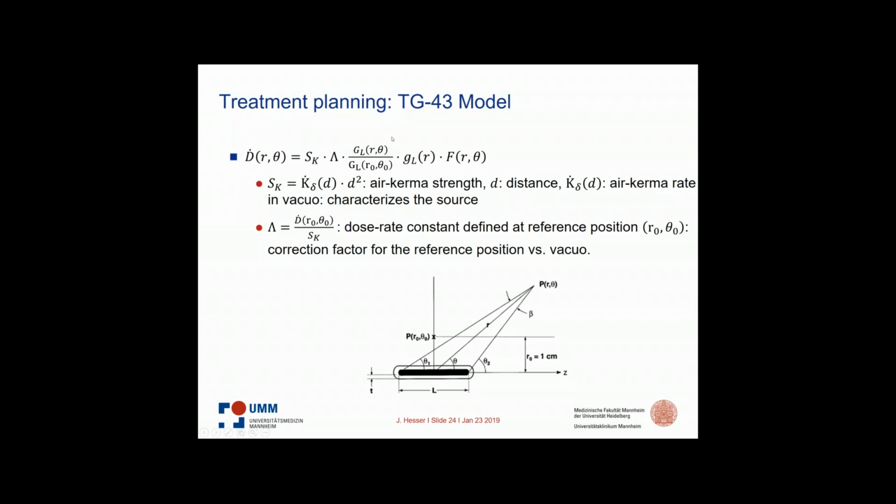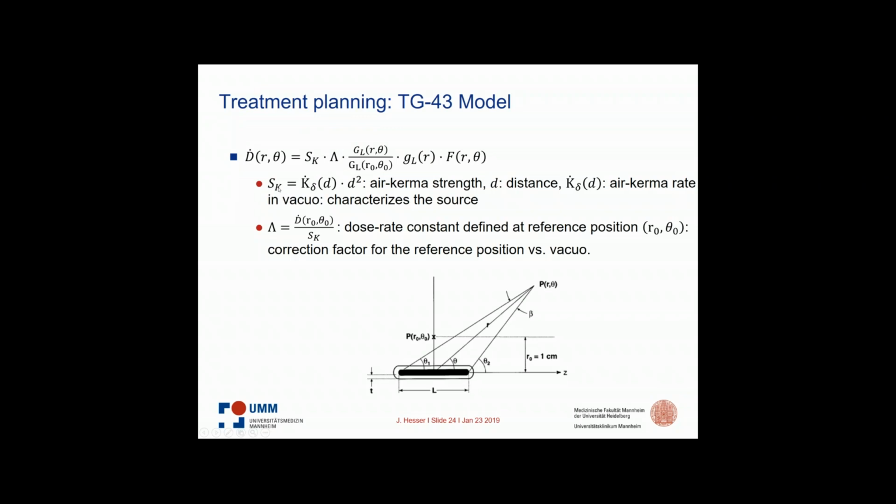Then there are the factors related to the geometry, and two factors related to deviations from a simple air model or vacuum model, one for the radius alone and a correction for the angles. So let's focus on the first two, which describe the source.